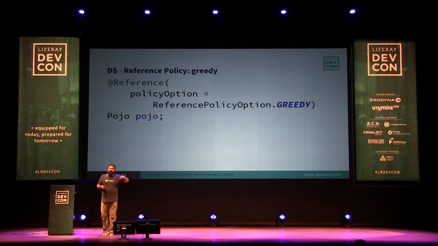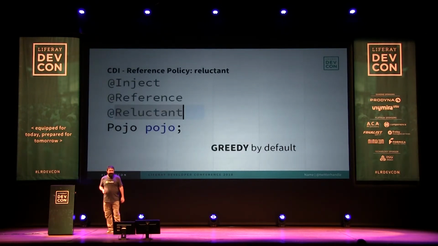Except that the developer who created that reference didn't use greedy, and so it was reluctant by default, which meant that it's just going to stop looking in the registry after it finds one that matches, and then it's never going to look again. So greediness versus reluctance. Declarative Services is reluctant by default, but you often want greedy. So you have to specify it.